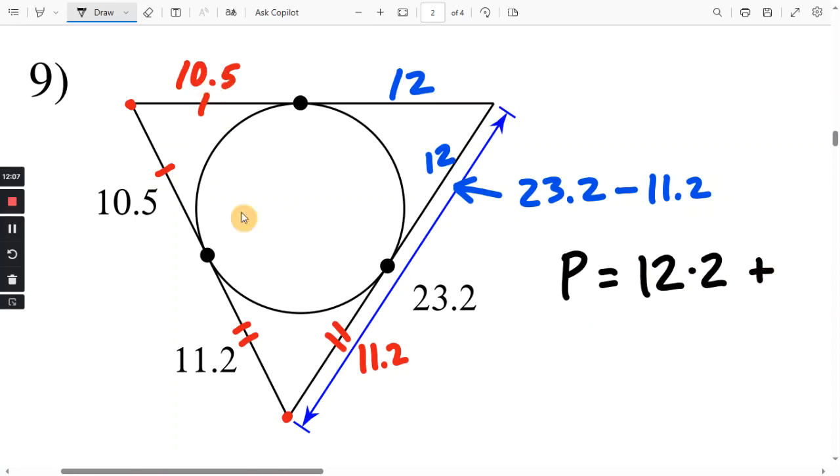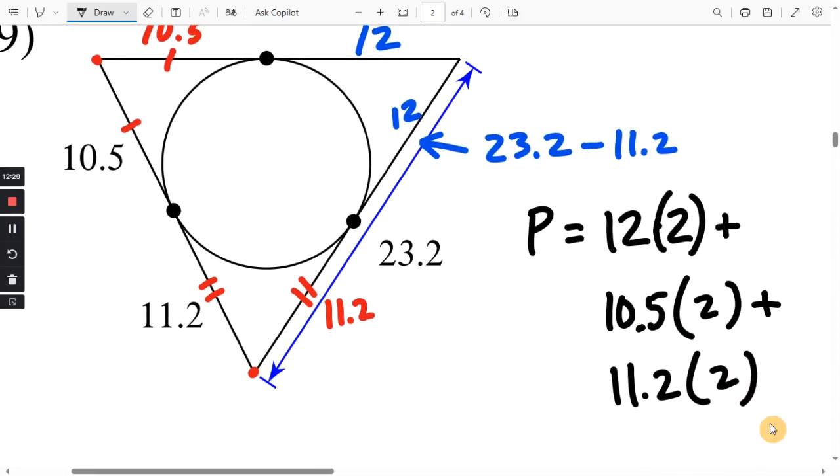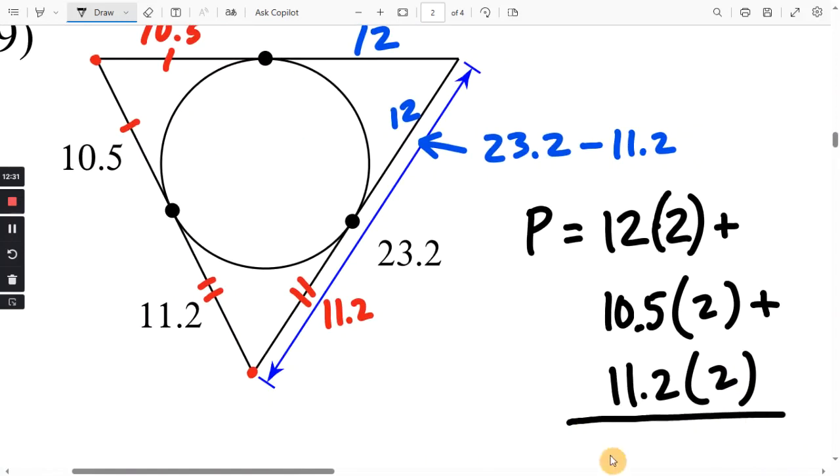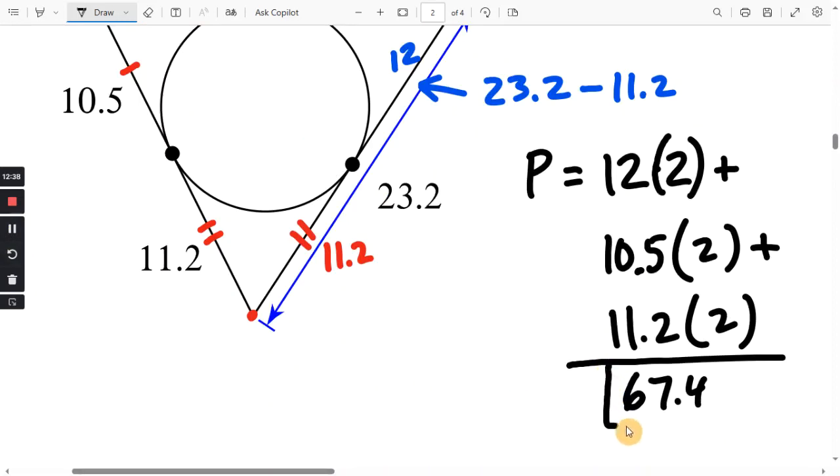I'll use parentheses so you're not confused with decimal points and times: 12 times 2, 10.5 times 2, and 11.2 times 2. The perimeter is just the sum of the sides. Go to your calculator, and I get 67.4. And that is the perimeter P.